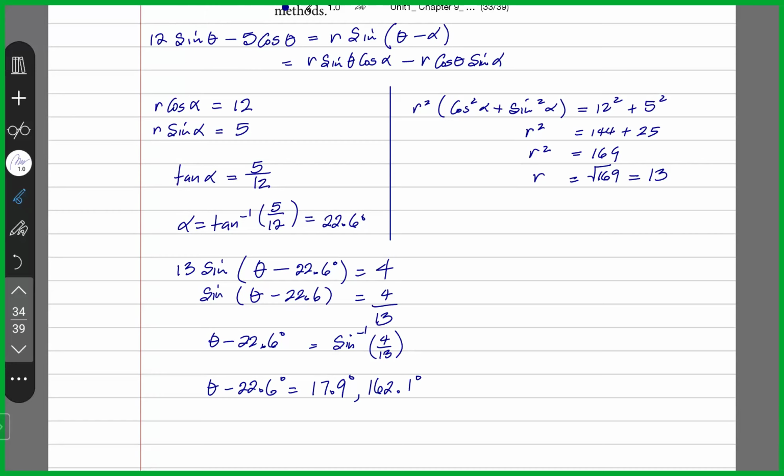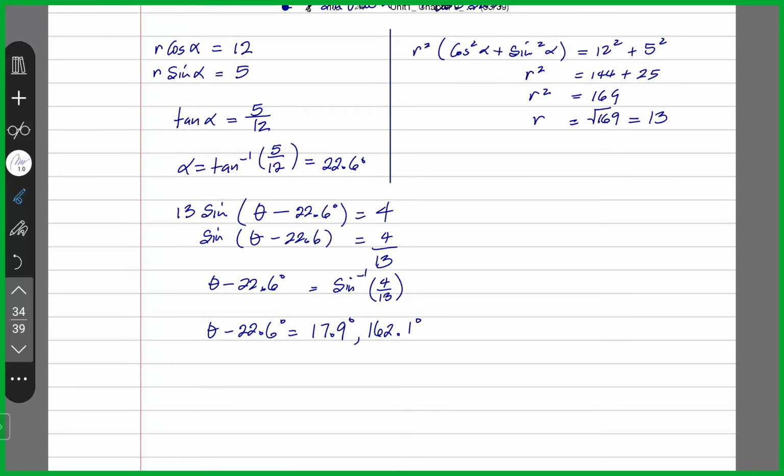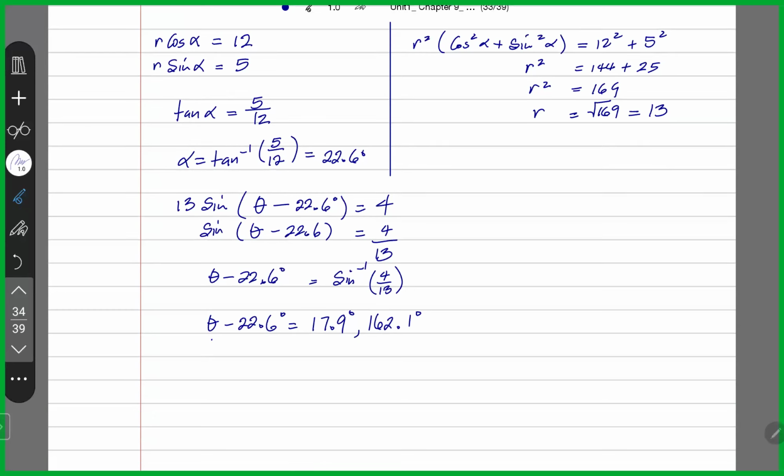Sine is only positive in two quadrants between 0 and 360. So theta is therefore equal to 17.9 plus 22.6, and it is equal to 162.1 plus 22.6.